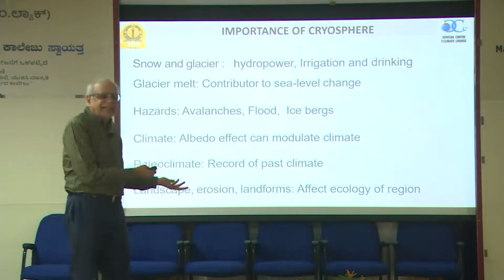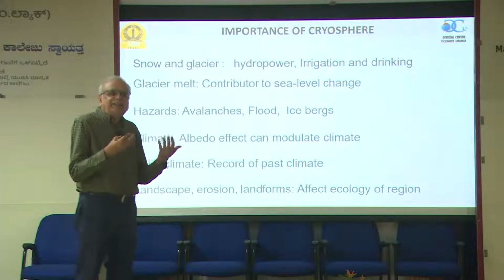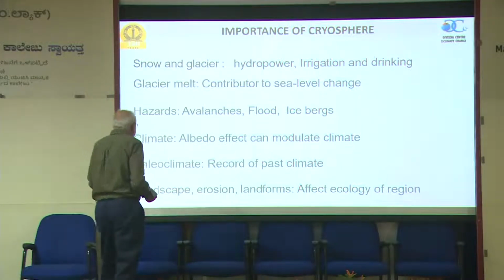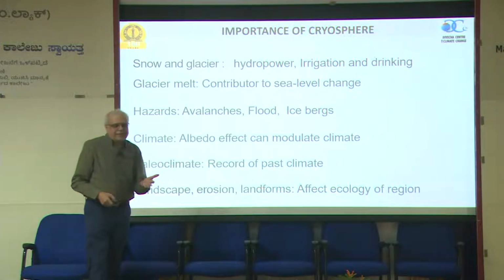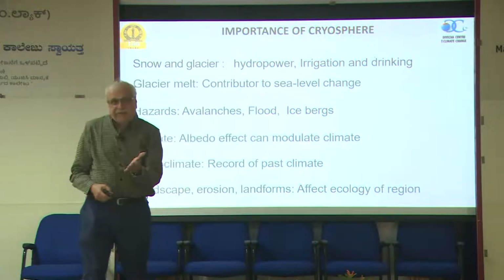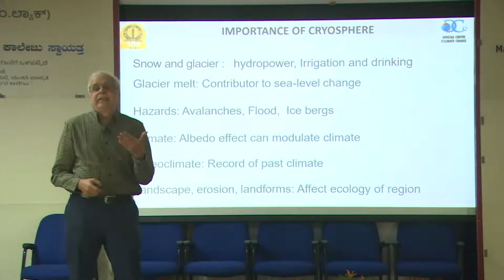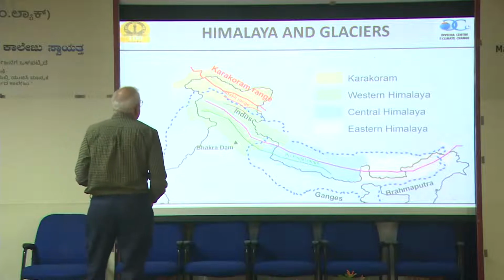In Antarctica, whatever we have learned about the past using ice cores, if there is no ice, there are no ice cores and there is no data. It can also really affect the landscape, erosion, landforms, and ecology of the region. We will look into how ecology is going to be affected, which might be of interest to some of you with a zoological background.